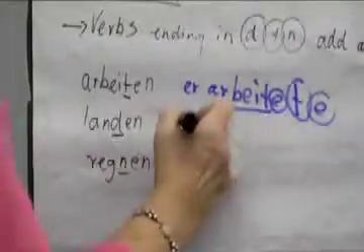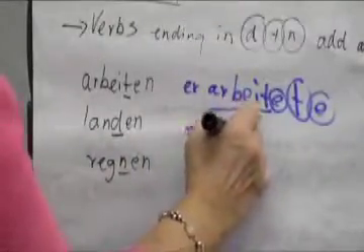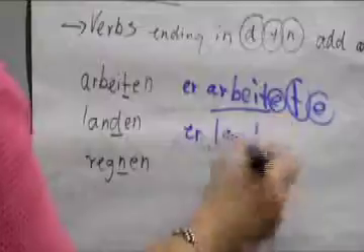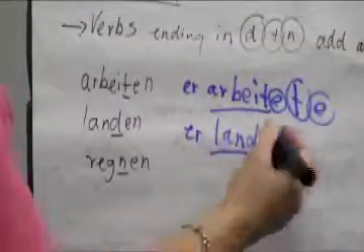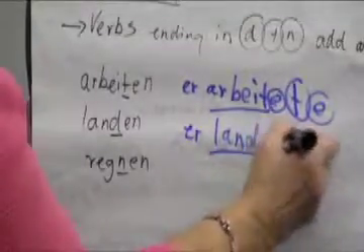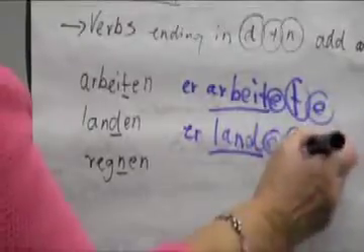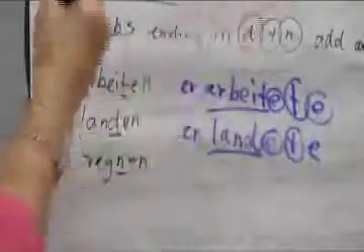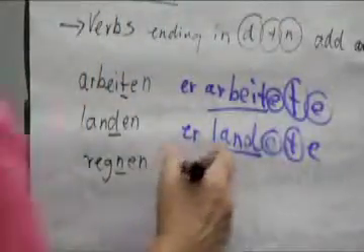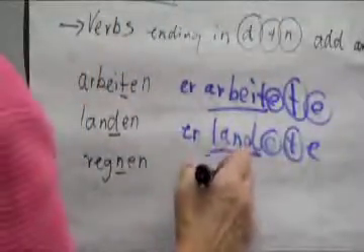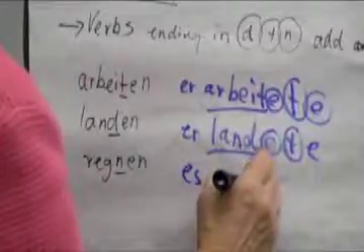Landen, to land. The pilot landed the plane, right? Land. Again, here's our stem ending in D. Add an E. T for past tense. E for personal ending. Landete. Regnen. It rained. Es regnen.